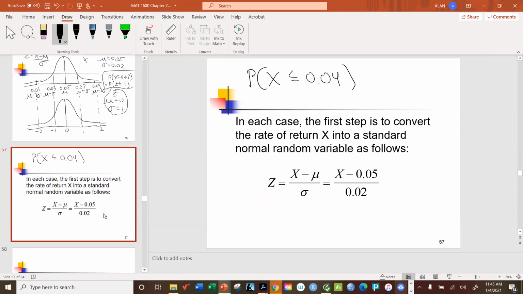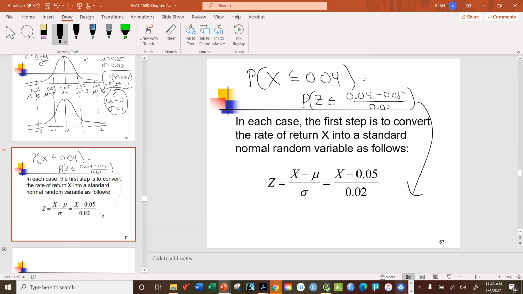Now, if you plug those numbers into this equation, 0.04 minus 0.05 over 0.02 is the same thing as saying, what's the probability that Z is less than -0.5?